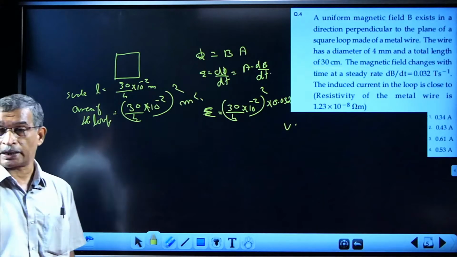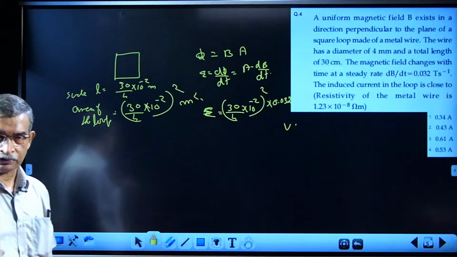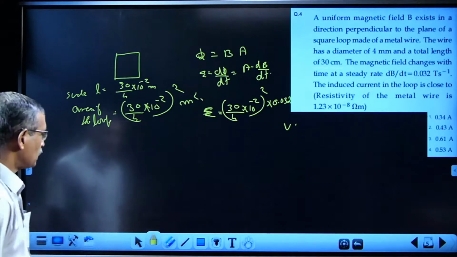The question is induced current. To get the current, we have to calculate the resistance R of that wire or loop.